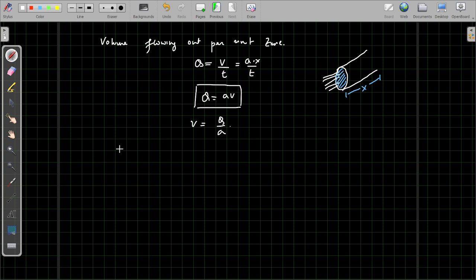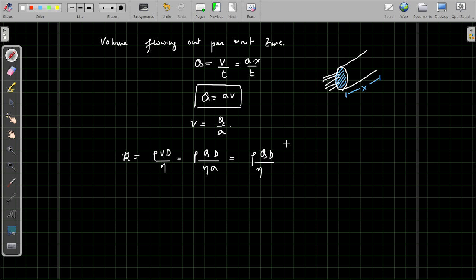So now the Reynolds number can be rewritten. We know R is equal to rho V d by eta. V stands for velocity, so it becomes rho into Q into diameter d divided by eta into A, area. So again we can further write this as rho Q d by area into eta.